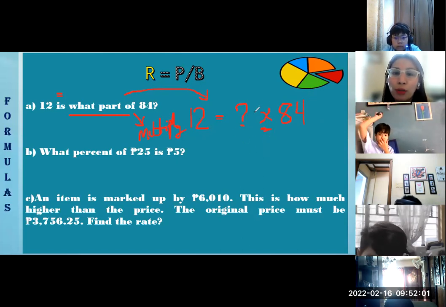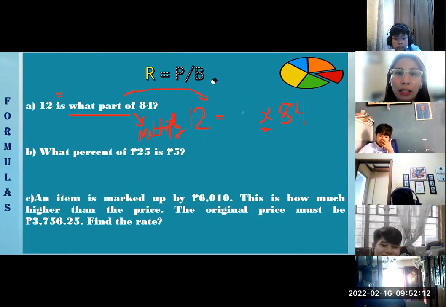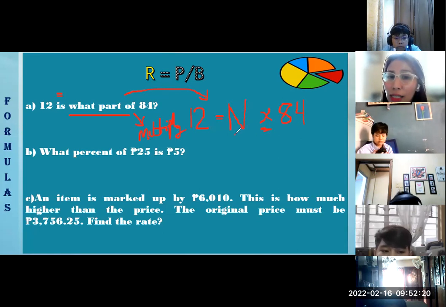Now, paano siya kukumputin? Let's isolate the question mark here. Or we can use the letter N if you want. N for the missing number. So, isolate natin yung N, ta-transfer natin yung naka-multiply sa right side, magiging divide na siya to the other side ng equal sign.